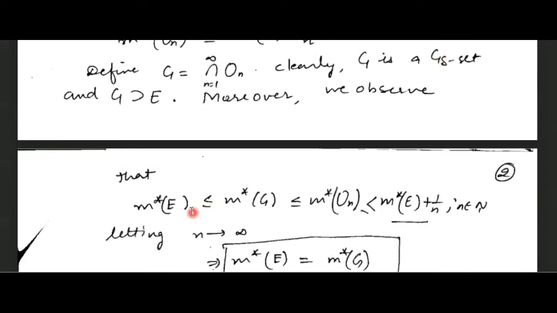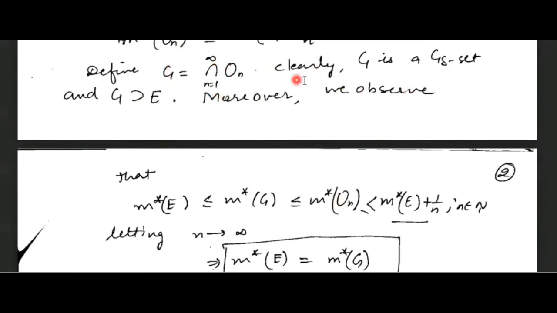Further, the outer measure of E will be less than or equal to outer measure of G, because whenever A is a subset of B, we know that the outer measure of A is less than or equal to outer measure of B. So we can apply this property over here. Further, outer measure of G will be less than or equal to outer measure of O_n. Why? Because G is the countable intersection of the O_n, clearly it will be a subset of O_n for each n.